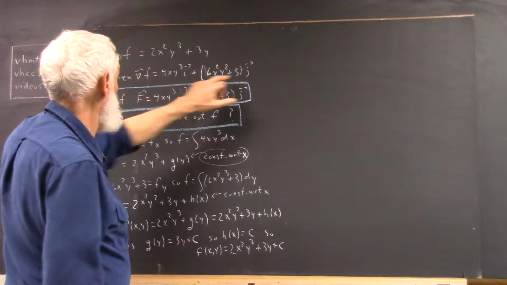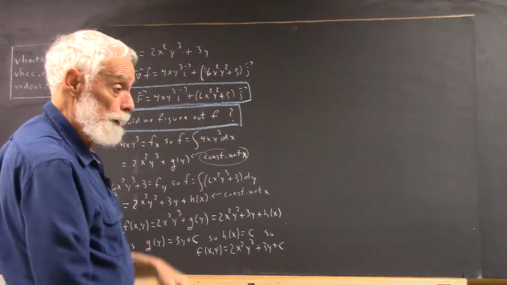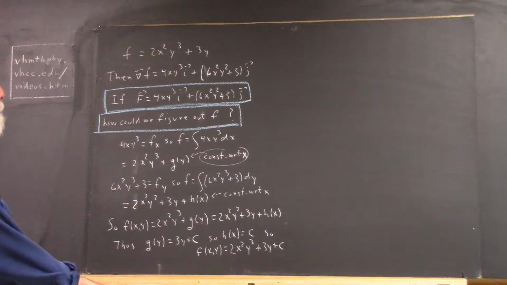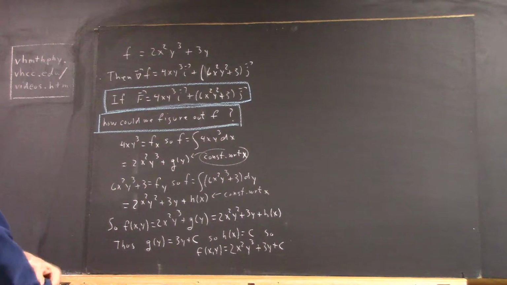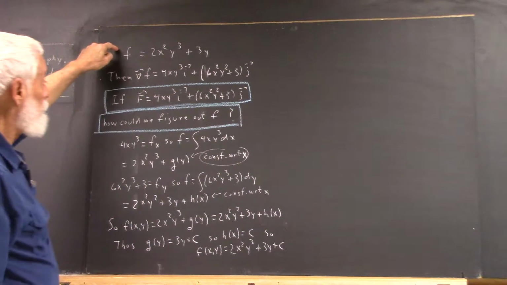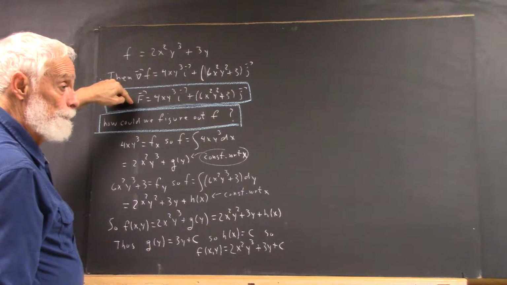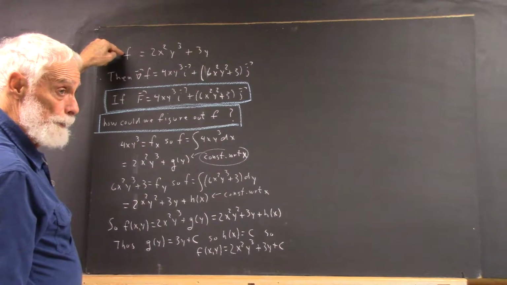Then we take its gradient, and that's a very straightforward calculation, so that we're going to let our vector function be what we get when we take the gradient of this potential function. So this function is the gradient of this function.